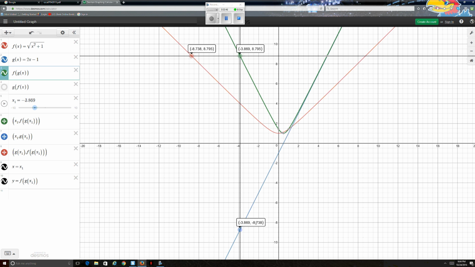We get this y value, negative 8.738. Well, we plug that in right here, and it results in this y value from the red graph. So we start with this x value at negative 3.869 and end up with this y value of 8.795.